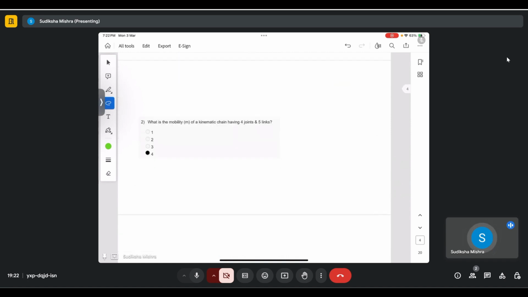What is the mobility M of a kinematic chain having 4 joints and 5 links?